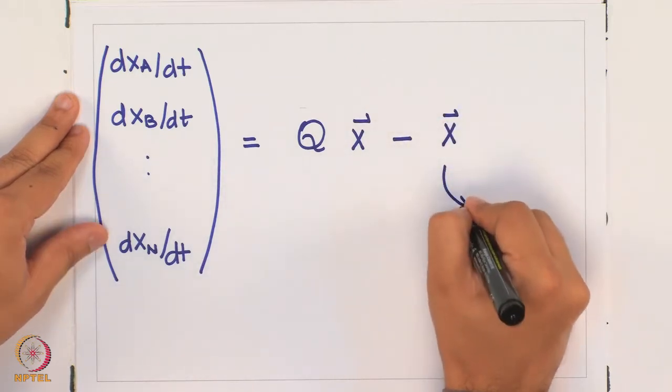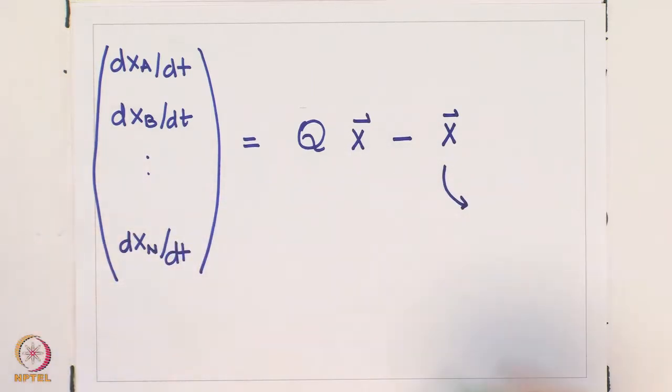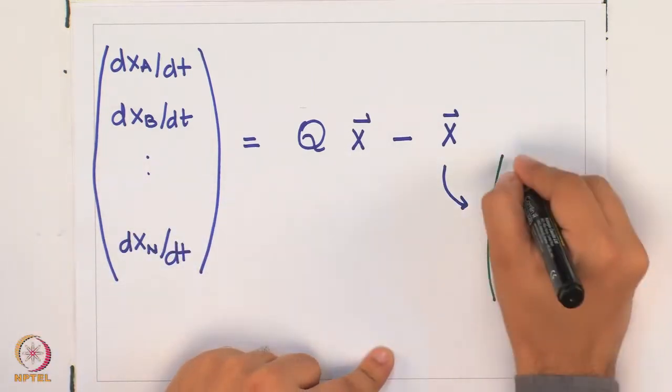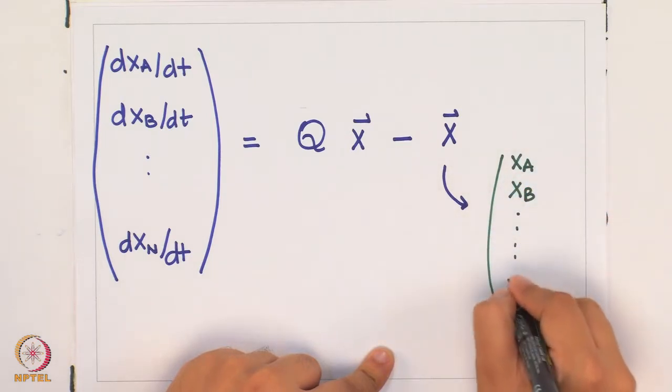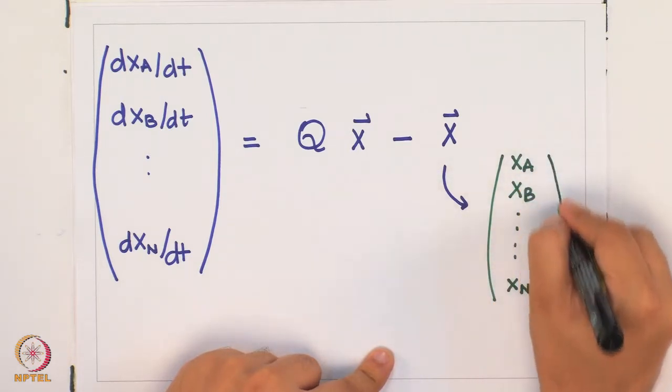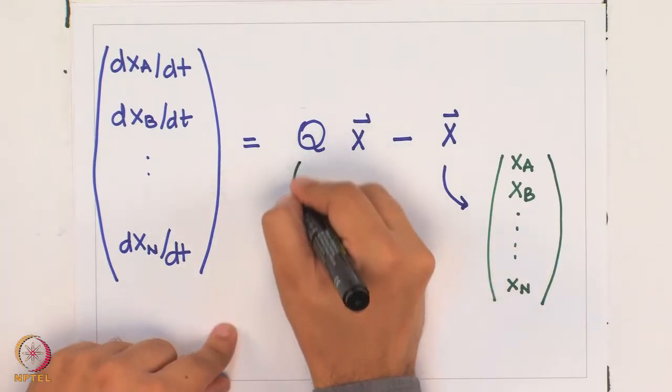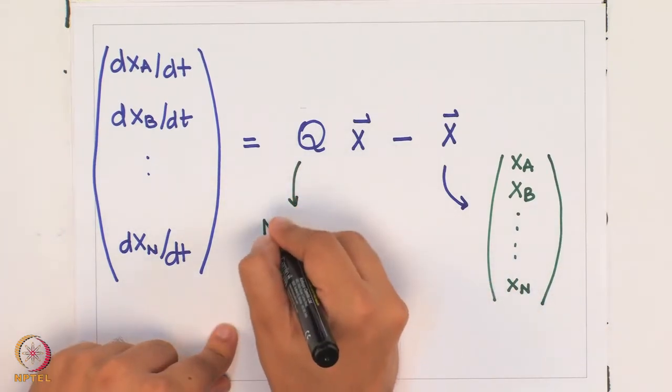Vector x here represents xa, xb, going all the way up to xn, and the mutation matrix is as we have defined in the previous slides.